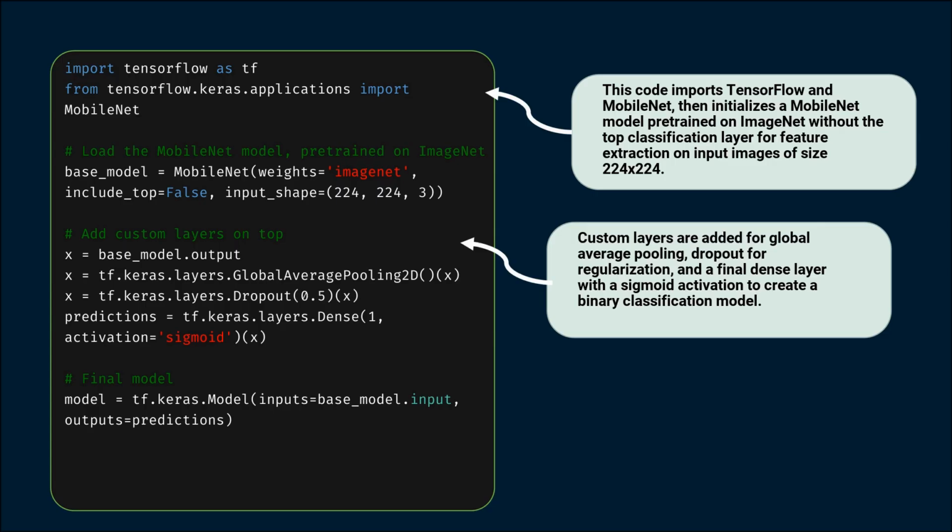We follow this with a dropout layer set at 50% to help mitigate overfitting during training, particularly when applying the model to smaller datasets. Finally, we add a dense layer with a sigmoid activation function for binary classification tasks, defining our model's output. By tying everything together in the final model, we can now leverage Mobilenet's architecture as a powerful backbone for our classification needs.